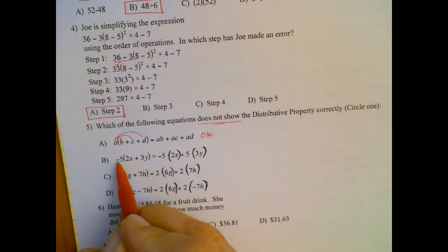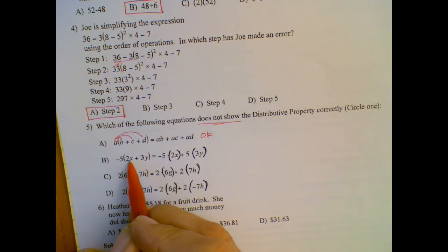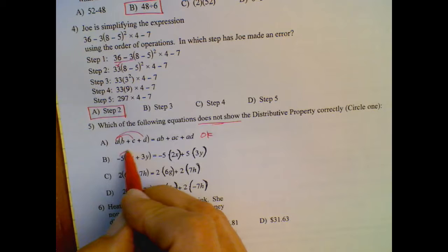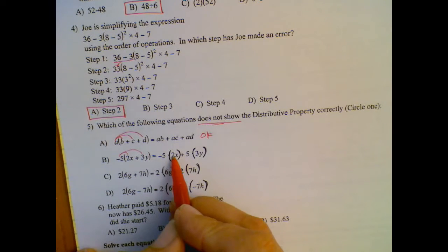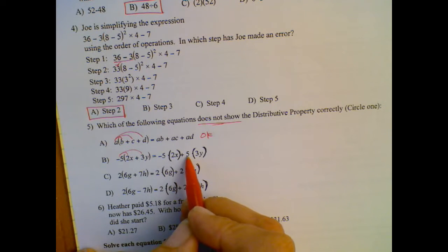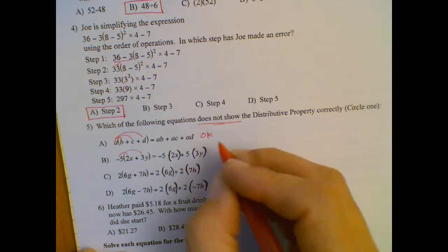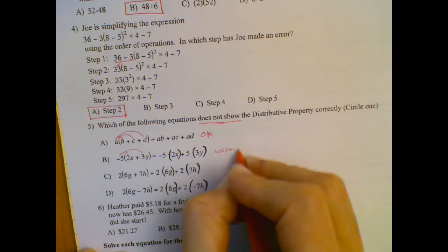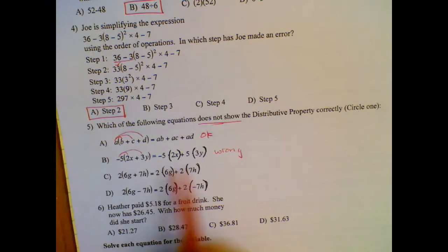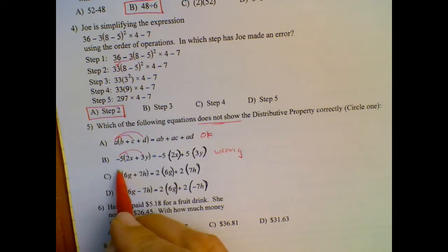Here I have negative 5 times 2x plus negative 5 times 3y. So there's negative 5 times 2x plus 5 times 3y. Ooh, notice the negative's not going through. So this is wrong. Just to check the others, 2 times 6g plus 2 times 7h.